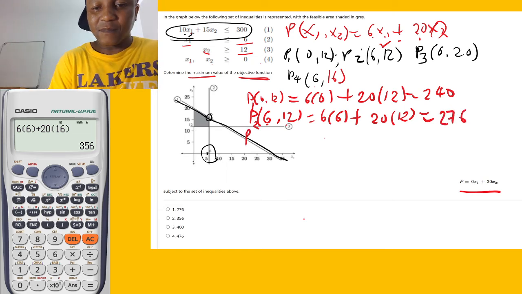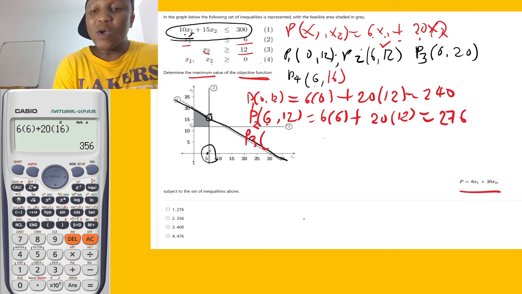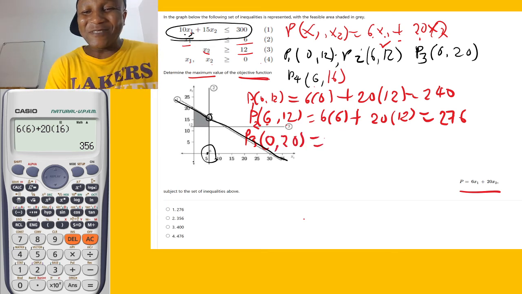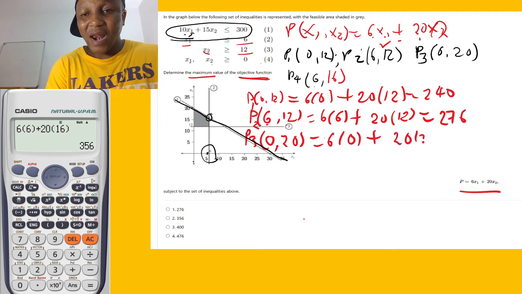Now for point 3, which is 0 and 20: 6 times 0 plus 20 times 20, and this is going to give us 400.